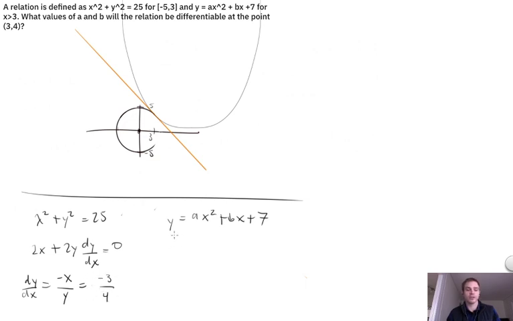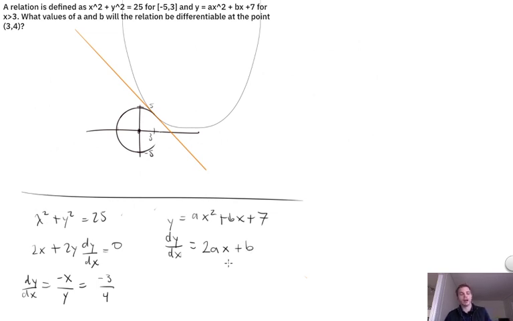So let's do the same thing. Let's differentiate with respect to x. So dy/dx, the derivative of y with respect to x, is equal to 2ax plus b. All right? Easy peasy.